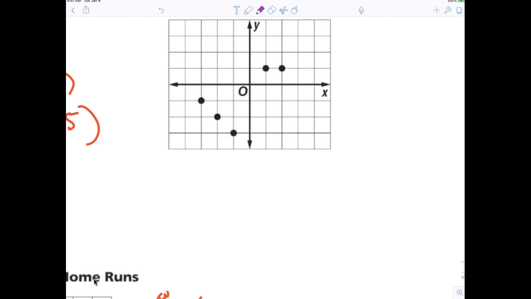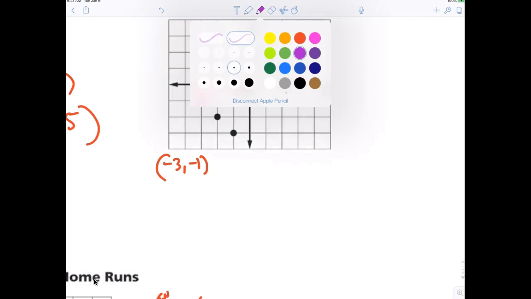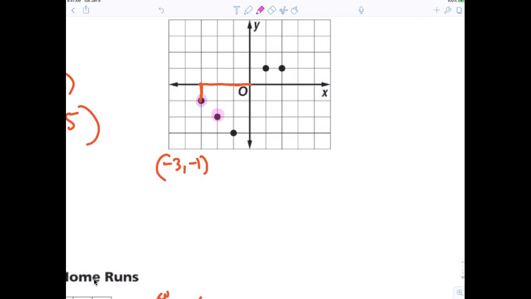So I'm going to tell you this point right there is -3, -1. I went 1, 2, 3, down 1. You good now? Now the next one, this point right there, is -2, -2.